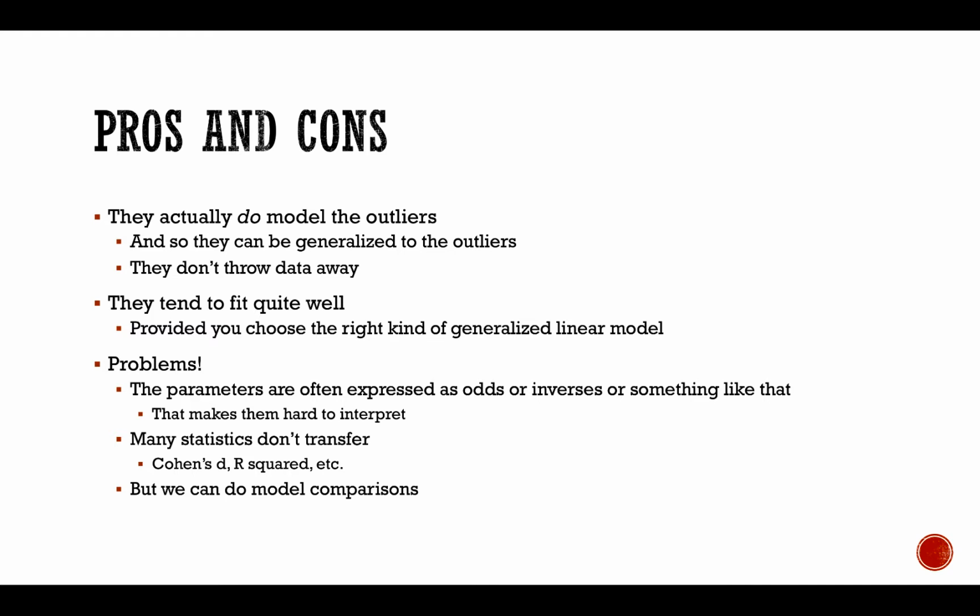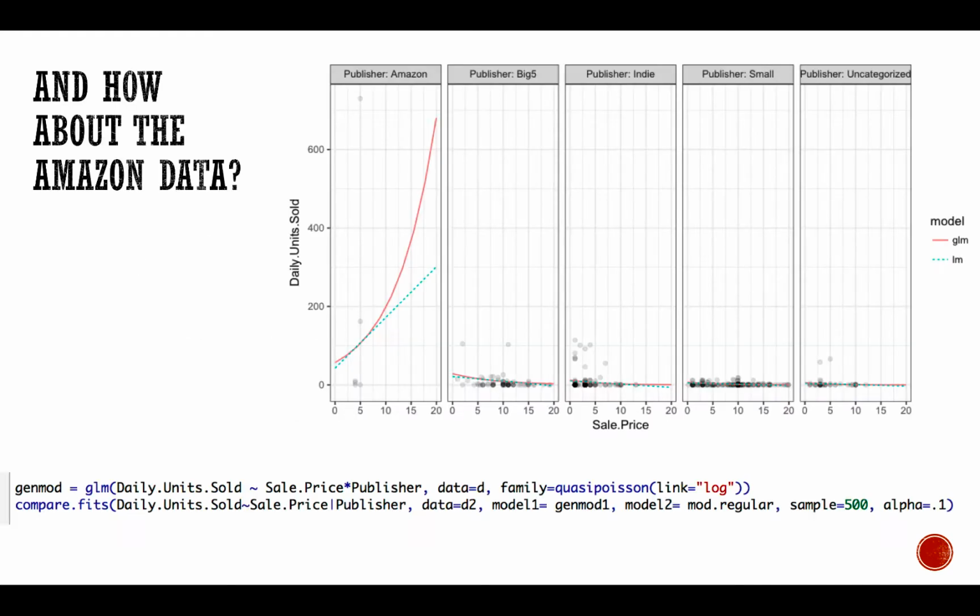So how about the Amazon data? Don't worry about doing this yet, because we haven't gotten to the point where we can actually model these data. This is just using a quasi-Poisson, which you'll learn more about later, but it's like a negative binomial. We've got the red line, which is the GLM, and then the teal line, which is LM.